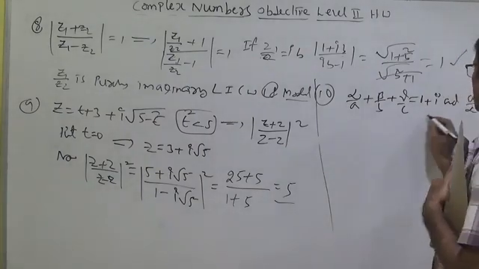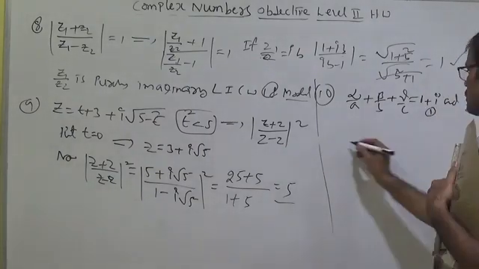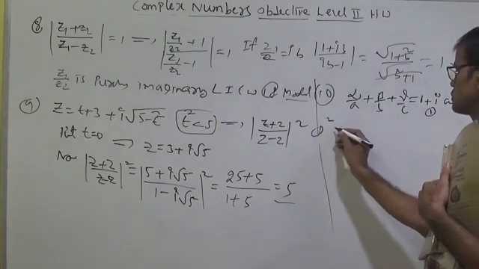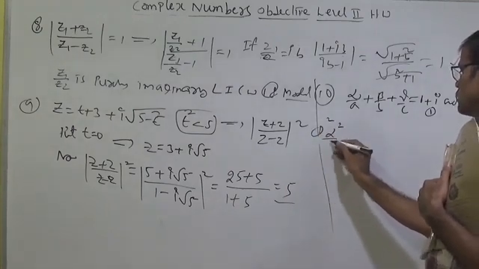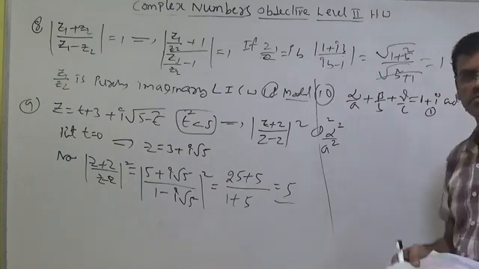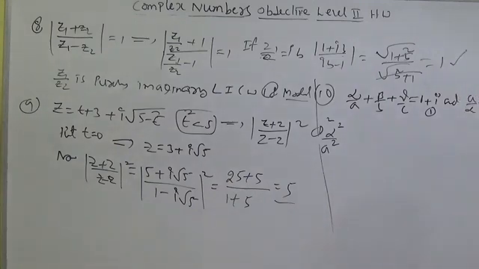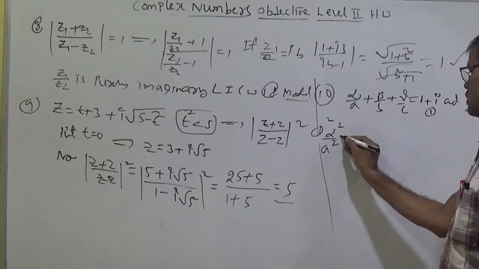Now consider this one. Squaring both sides of 1, you can write this by (A plus B plus C) whole square concept: A square plus B square plus C square.